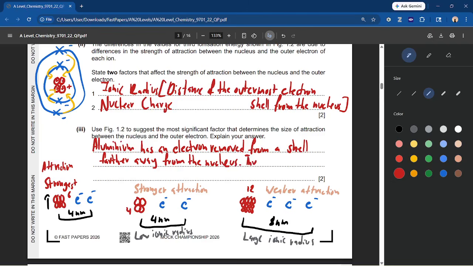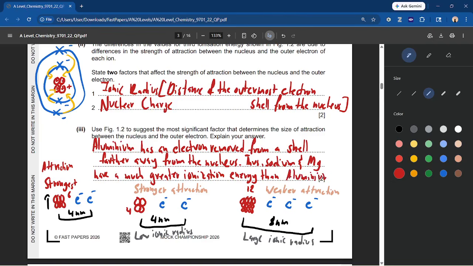Thus, sodium and magnesium have a much greater ionization energy than aluminum.